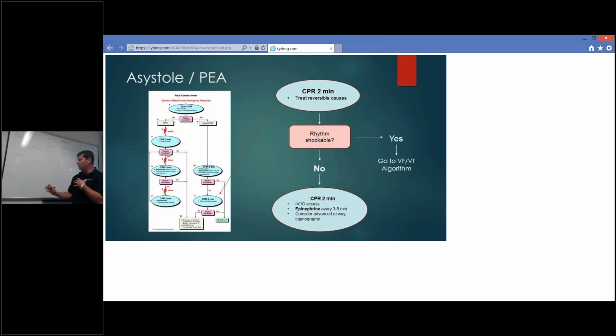So if I have asystole or PEA, a difficult one right here, they have no pulse, I am going to do CPR in 2-minute cycles, and I'm going to give 1 milligram of epi, 1 to 10,000, every 3 to 5 minutes.